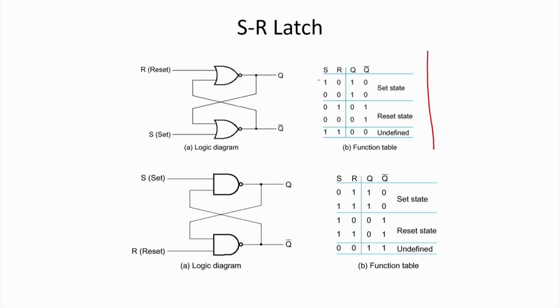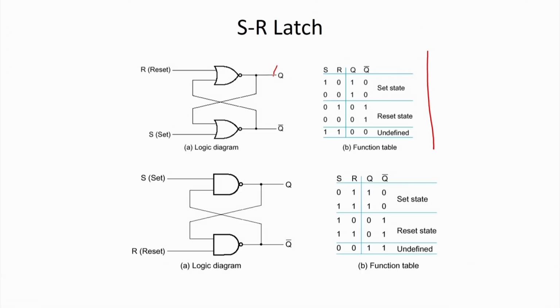S means set. When S is equal to 1, it is going to set the output, Q to 1, and then Q bar is equal to 0. And when the combination 0 1 is there, it is going to reset this particular circuitry, and we are going to have Q as 0. Now, when both are 0 0, what will happen?